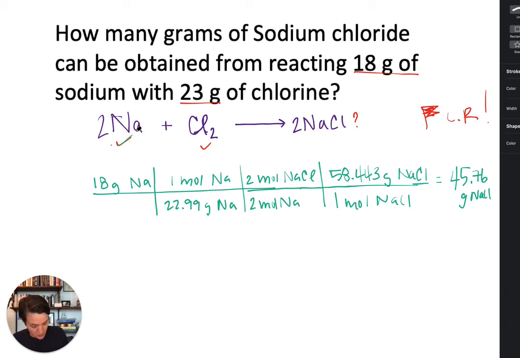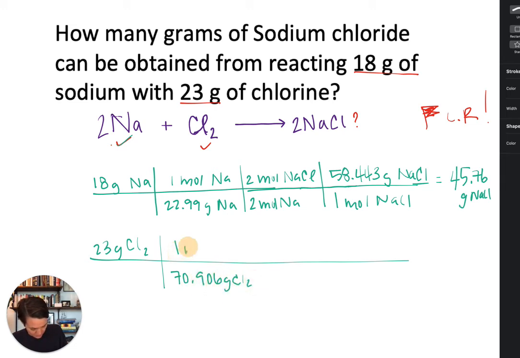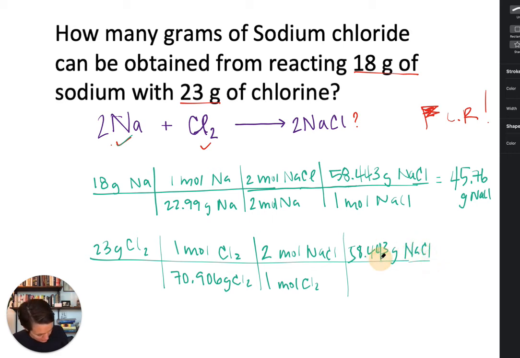Now let's solve the same problem with my chlorine, 23 grams. All right, 35.453 times 2, 70-something, 70.906. The second one's always faster to solve because you already have the molar mass found.